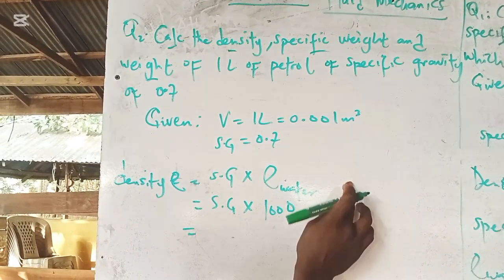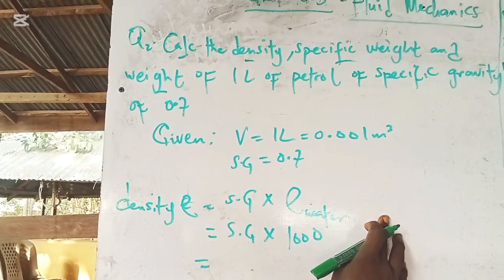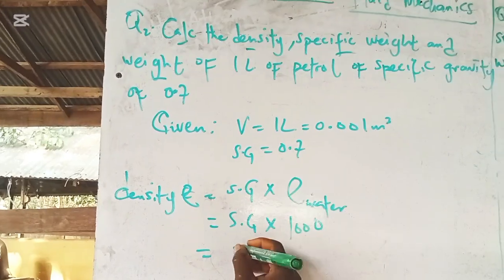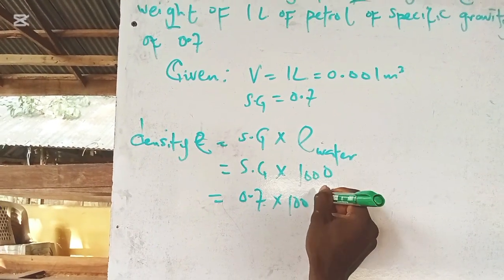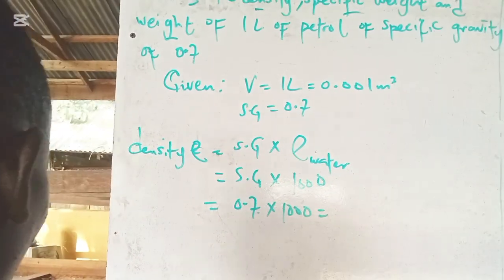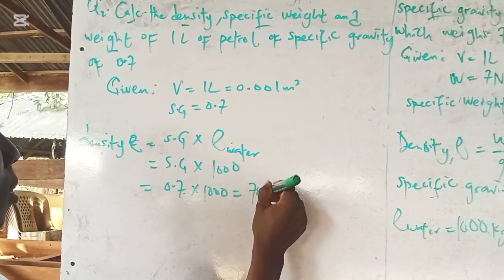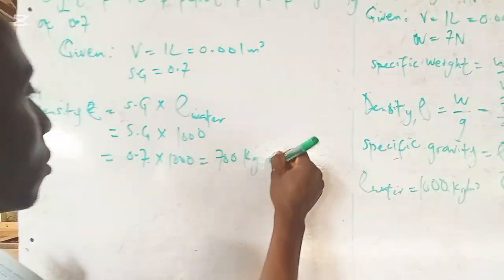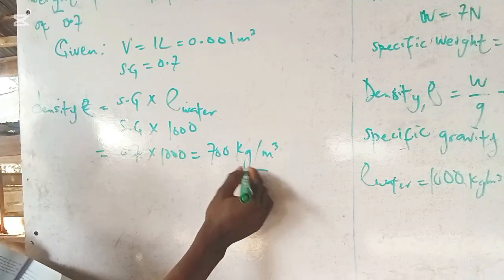What is our specific gravity? Our specific gravity is 0.7 times 1000. And that will be 700 kilogram per meter cube. So that's for the density.